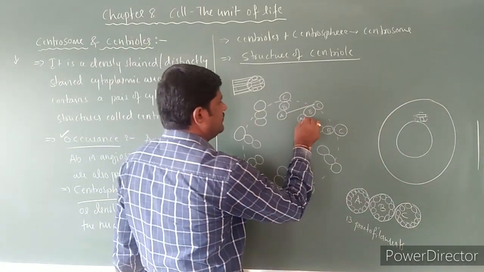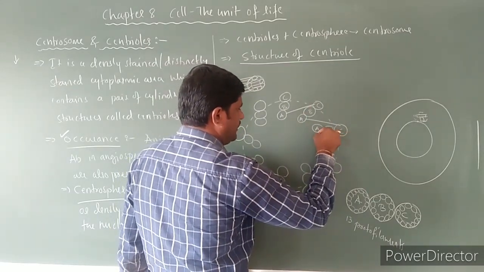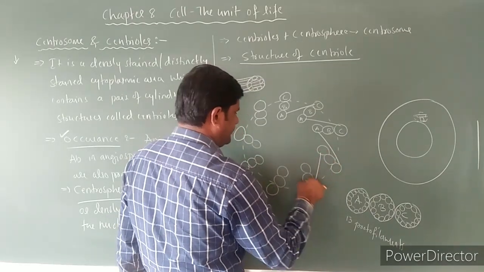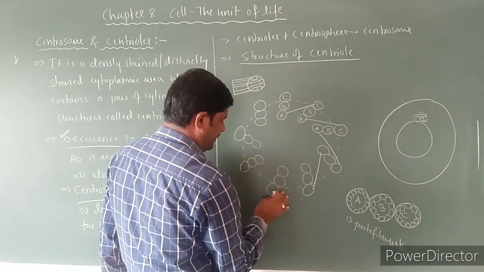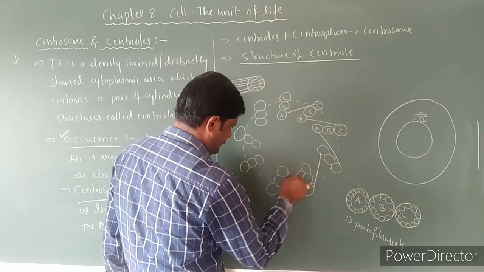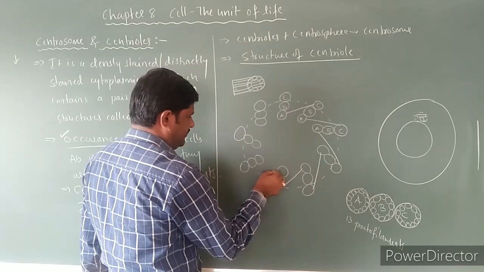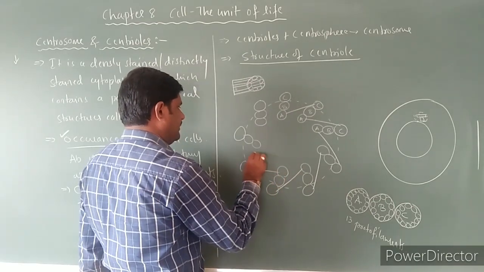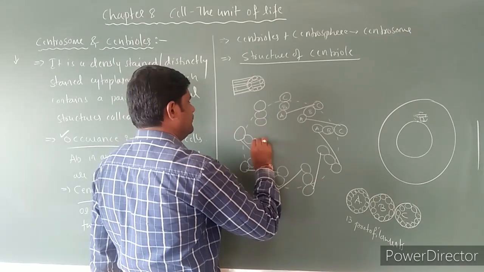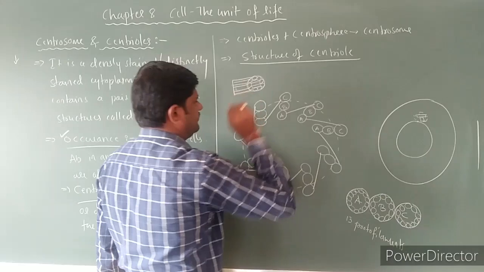See, this is A, this is connected with the C. This is A, connected with the C. And this is A connected with C, and again A connected with C.